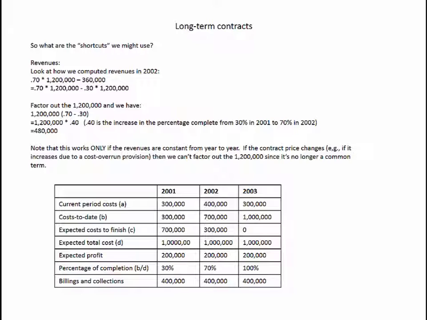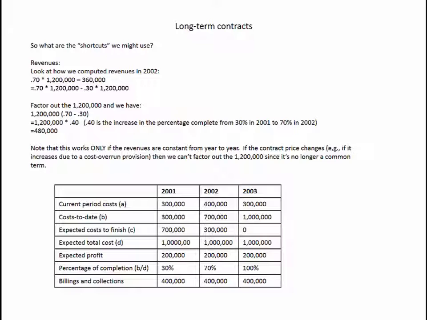If the contract price changes, and a lot of times in contracting, if there are cost overruns, the cost overruns get shared partially with the customer, especially in government contracting. And so the contract price isn't fixed, and so you can't factor out that 1.2 because it's changing. But as long as the contract price is fixed, we can simply say the revenues to recognize in any given year are equal to the total revenues multiplied by the change in the degree of completion, or the percentage completion.